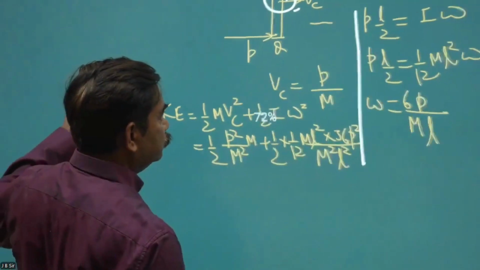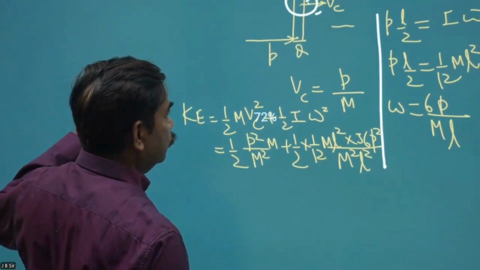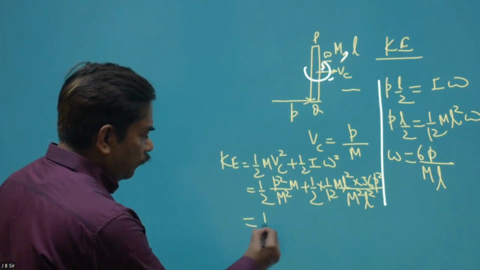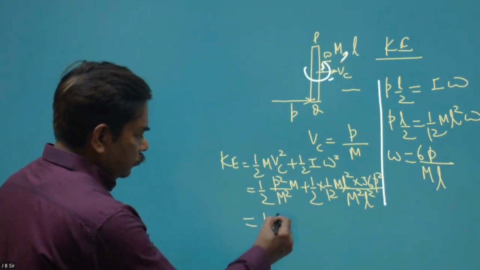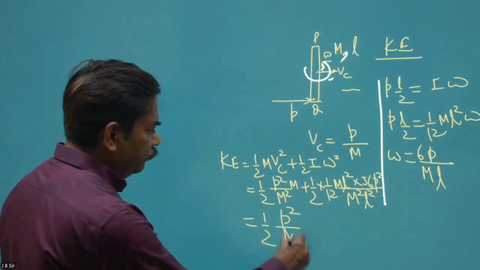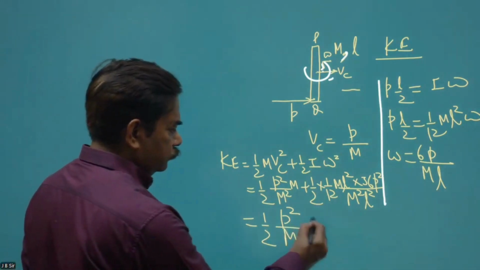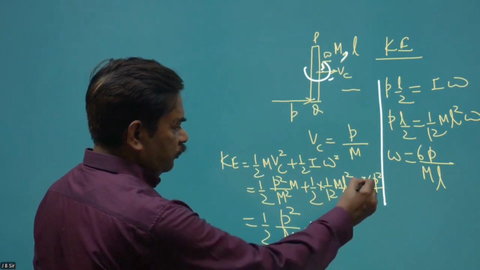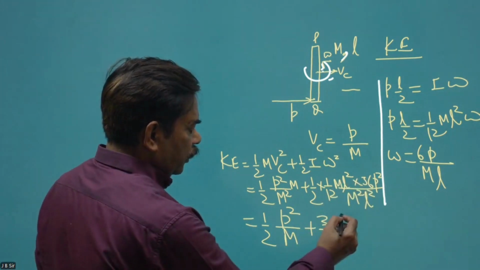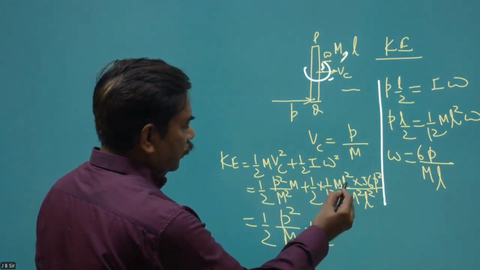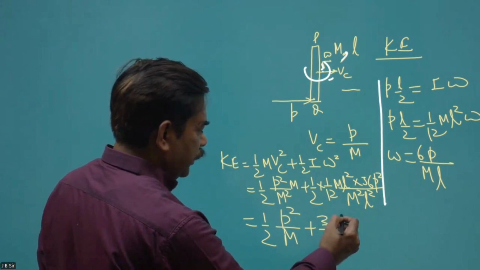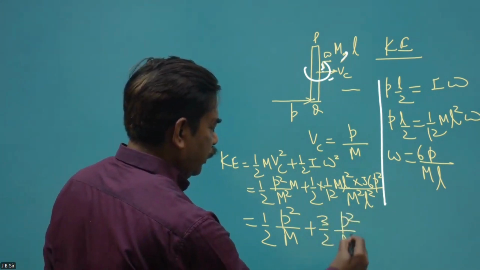Now let's simplify. This becomes half P square by m plus, with this 12, this 3 by 2, and m will be here, and this will be P square upon m.